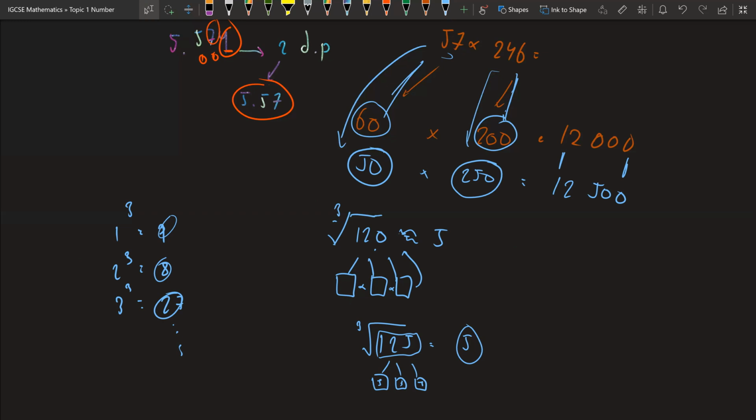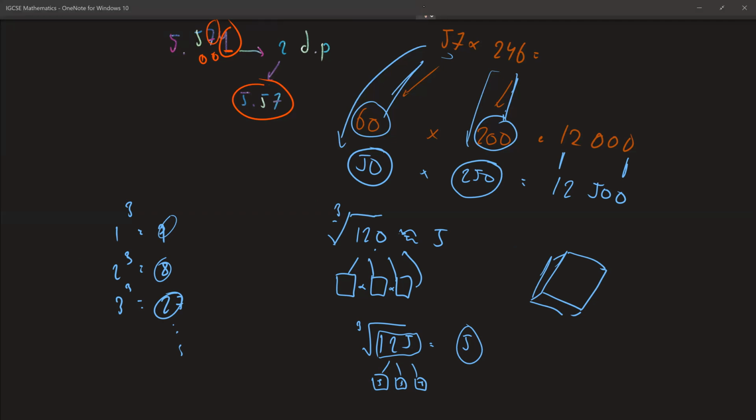Now let's say you want to estimate the volume of something, right? And the dimensions are given as, let's say, 9 times 10.5.